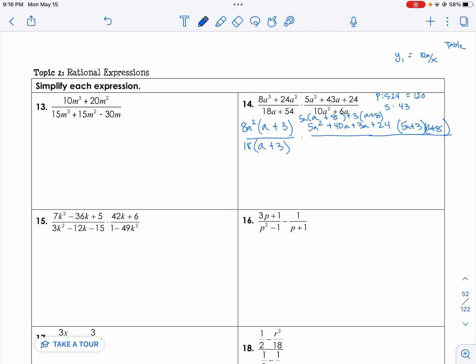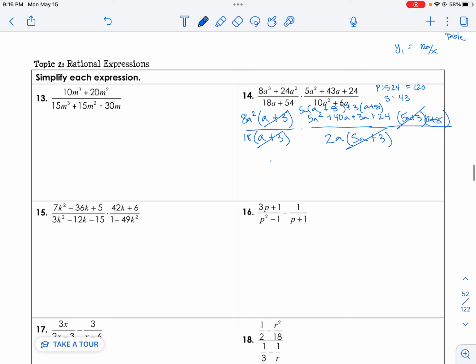Then in the denominator, I can factor out a 2a and get 5a plus 3. Well, that's nice. 5a plus 3's cancel here. A plus 3 and a plus 3 cancel here. So it looks like I've got 8a squared over 18 times 2a, and then an a plus 8 left.